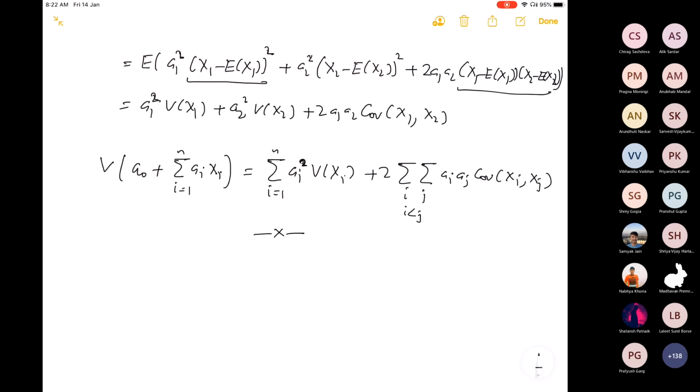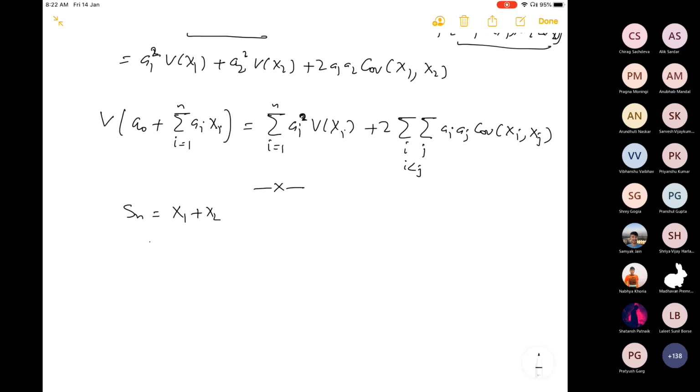So, Sn, let me take x1 plus x2. What is the moment generating function of Sn at t? That is the expected value of e raised to power t Sn. This is nothing but the expected value of e raised to power t (x1 plus x2).